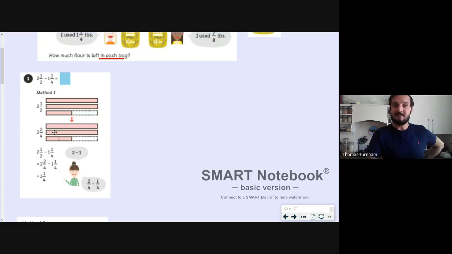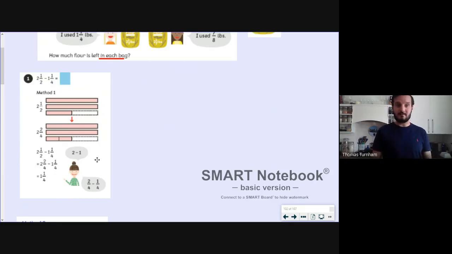So then I could see visually that leaves me with 1 1/4. What she's done is take 1 away from 2, and then take her 1/4 away from 2/4, and then combine those answers. So it's a bit like partitioning and then recombining. I've looked at my whole numbers, and then I've looked at my fractions, and then I've recombined them.